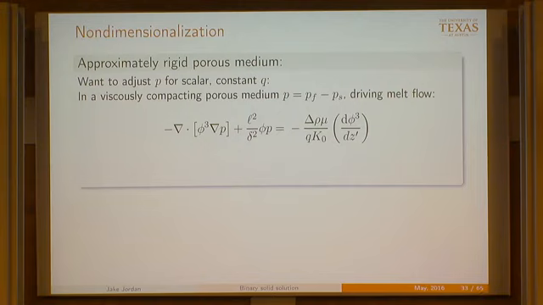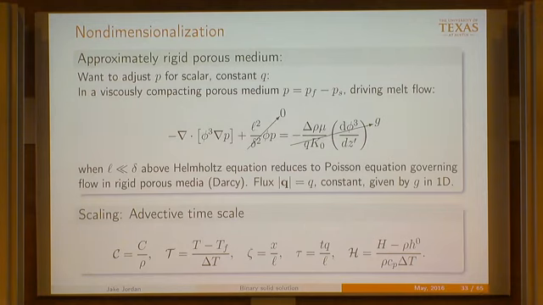And then we assume that the rheology is inversely proportional to phi, and we scale this by some characteristic permeability and melt flux, and we can actually make the resistance to compaction infinite, and then the Helmholtz equation, that is the McKenzie style viscously compacting porous medium, collapses to the Poisson equation, and we can approximate flux as a constant given by G in one dimension.